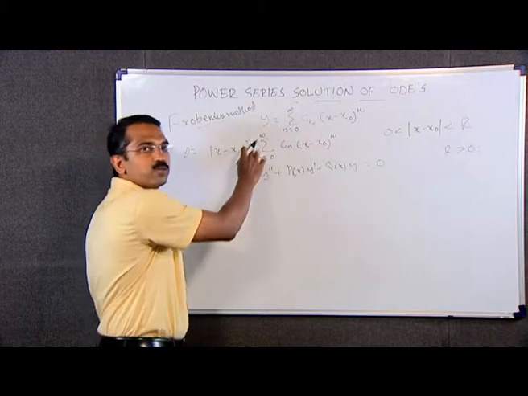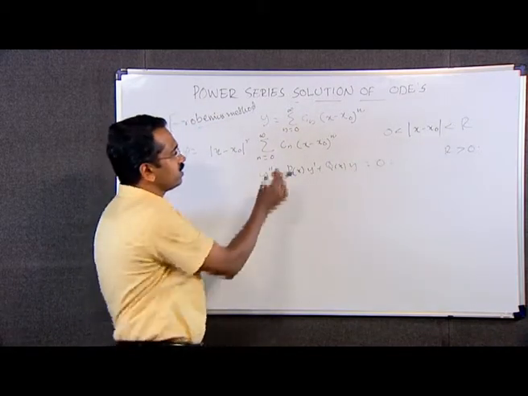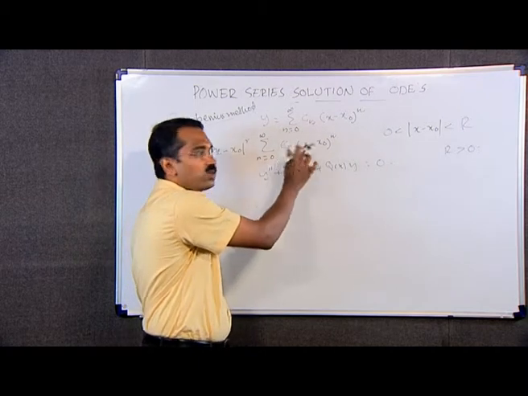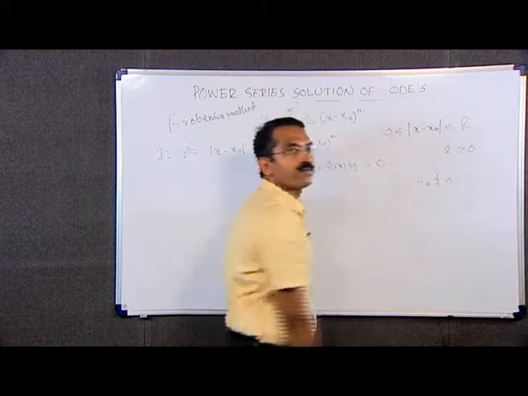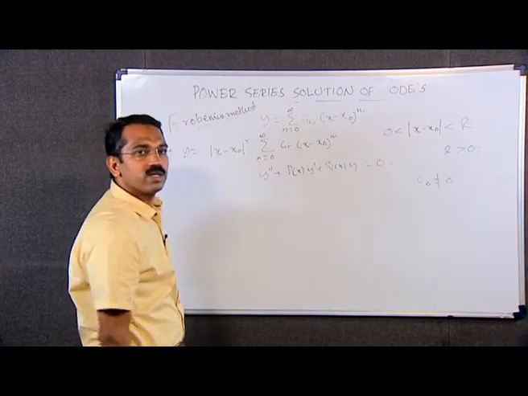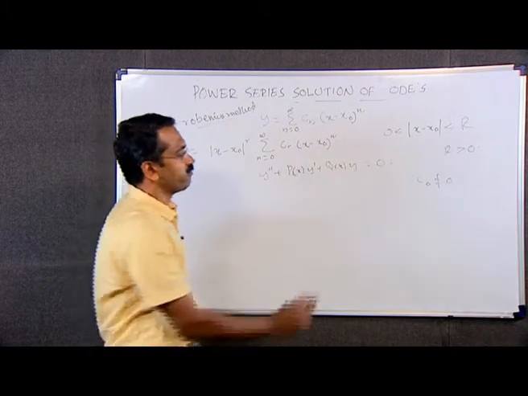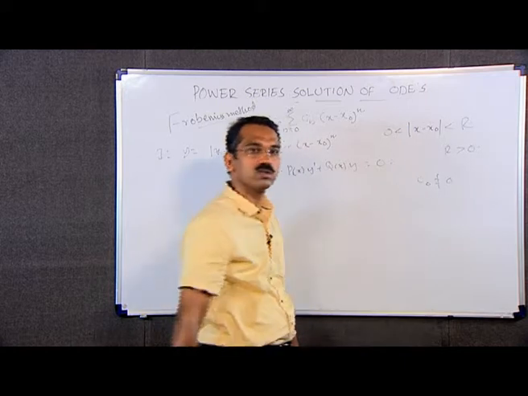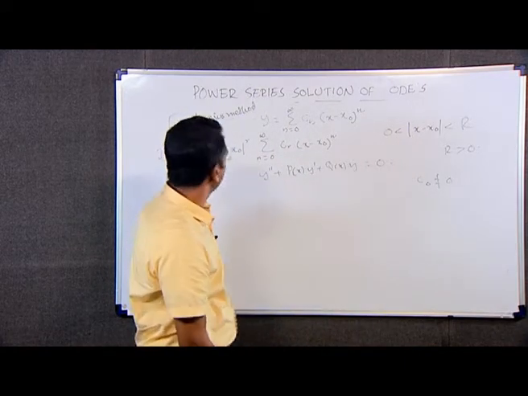Here the exponent r is chosen so that the coefficient c naught not equal to 0, that is the highest possible power of x is factored out.